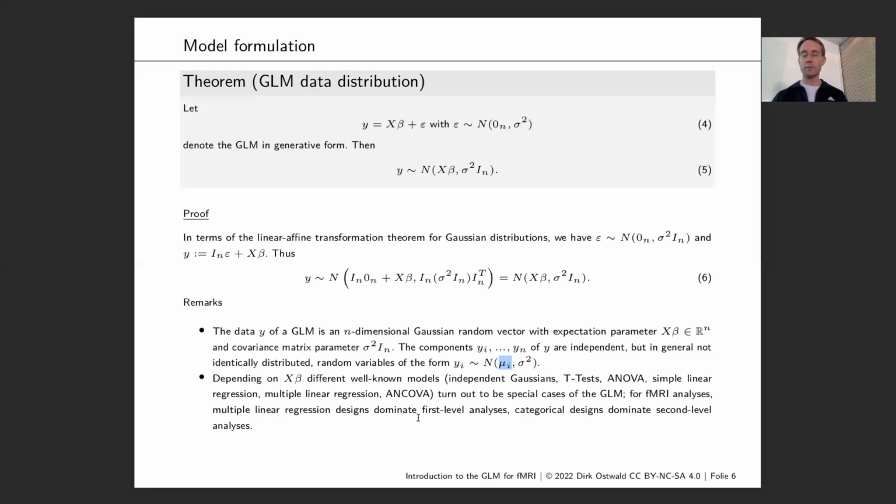Both the regression models and the categorical models are important for fMRI analysis because typically on the first level, meaning at the participant level, you usually use multiple linear regression. On the second level, you use categorical designs, and the specific designs we will look at tomorrow.